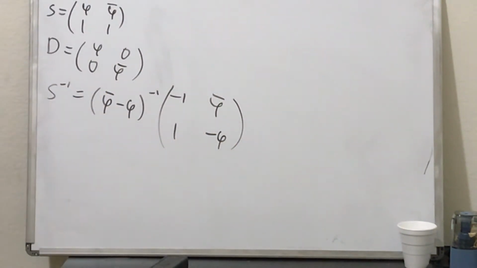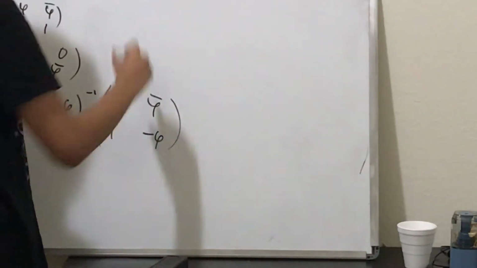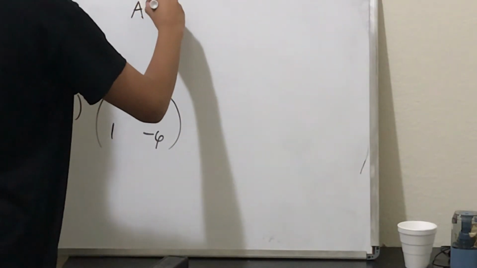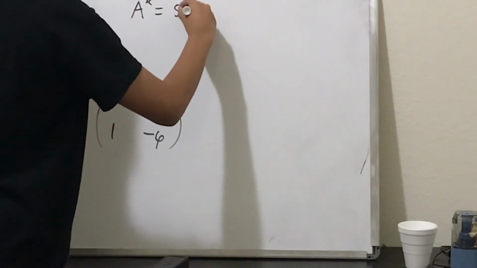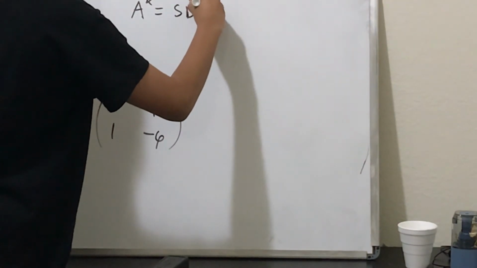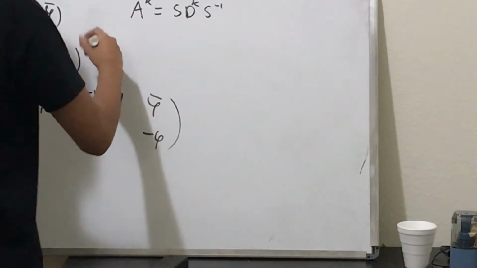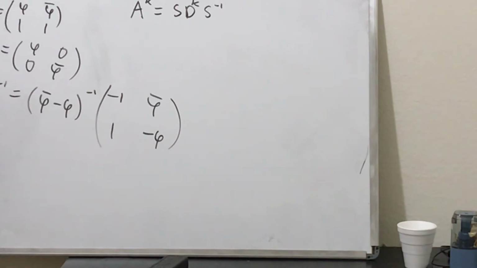Okay, so now we have our S, d, S inverse, and we know that A to the k is equal to S d to the k S inverse. Okay, so let's go ahead and plug it in.